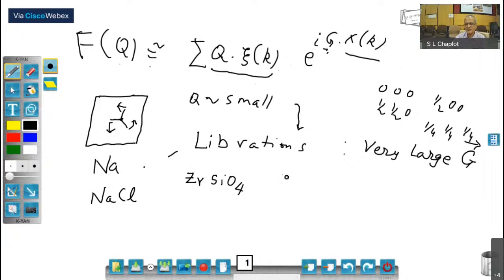And the values of G that we typically used were like 040, 310, 130, and that kind of G values around which the measurements were made, and so on. So that seems to work fairly well.